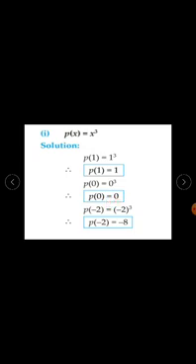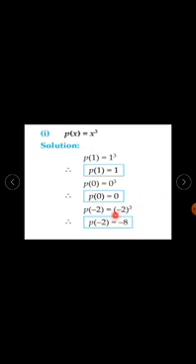Next you have to find out p of minus 2. P of minus 2 means put x equal to minus 2. So p of minus 2 equal to minus 2 cube. Cube of 2 is 8, and cube of a negative number is negative.